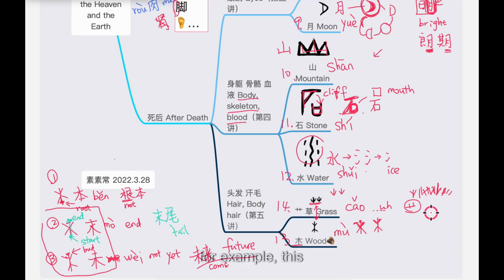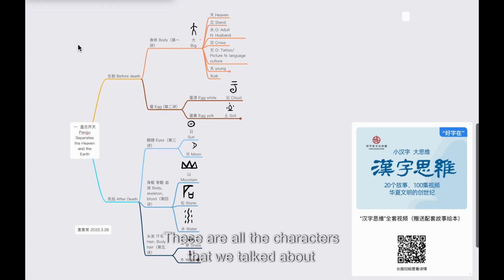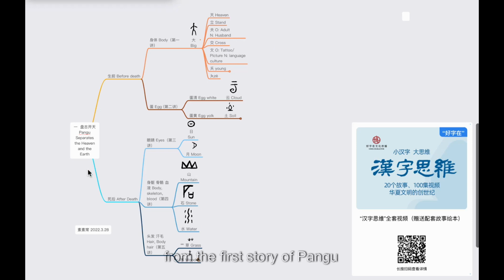For example, this cao means grass, and this cai means vegetable. These are all the characters that we talked about from the first story of Pangu.